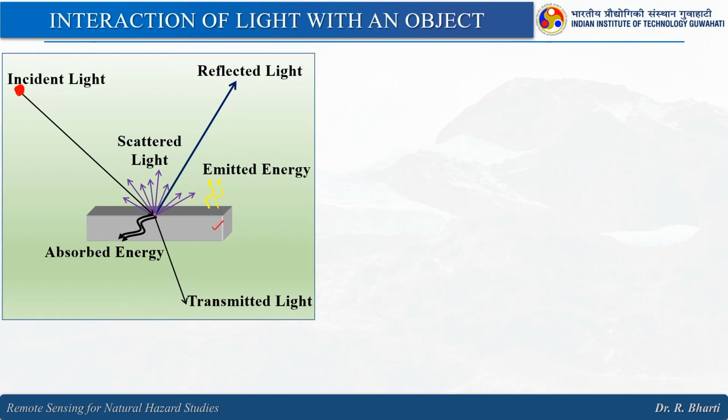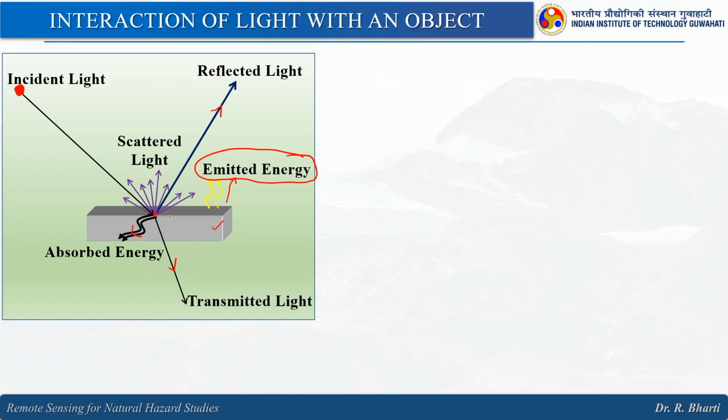Then some amount of energy will be reflected, some amount will be transmitted, some amount will be absorbed by the target, and when it is absorbing, to maintain the equilibrium with the surrounding, some amount of energy will be emitted, right. So, you remember this thermal remote sensing, here we measure the emitted energy. I told you this is a volumetric property.